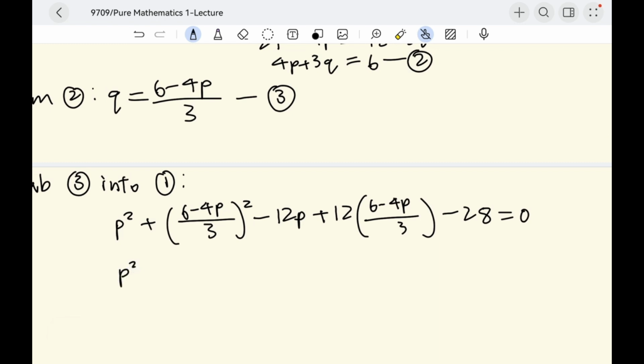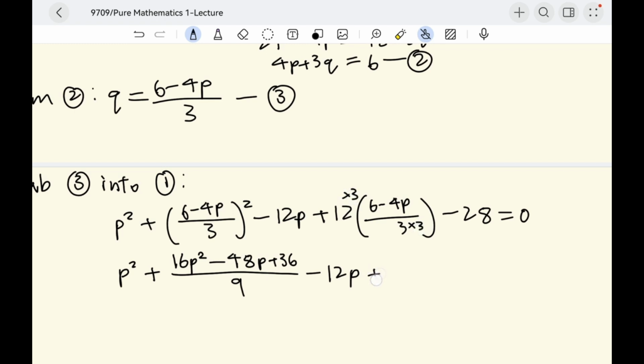So I have p squared plus 16p squared over 9, negative 48p plus 36 over 9, minus 12p, and, okay, multiply by 3 at both sides.